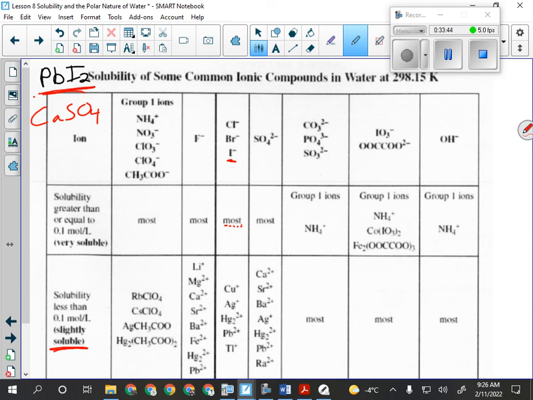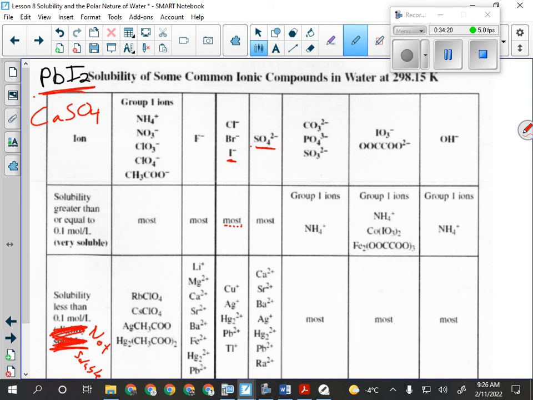Actually, right now on your periodic table, cross out where it says slightly soluble and just say not soluble, because that's basically what we say. It's either soluble or it's not. The second row is soluble, the third row is not. We find sulfate here. It says, again, soluble with most things. But the first thing listed in the not soluble row is calcium. So that would be not soluble.